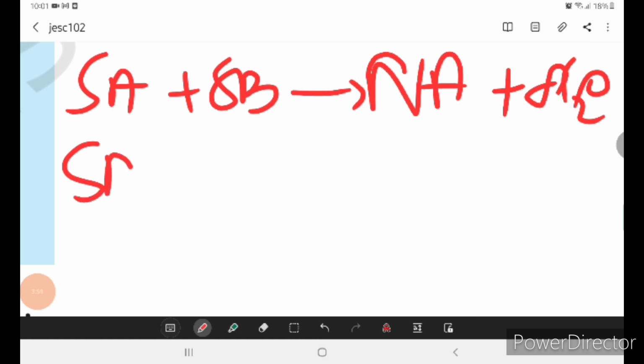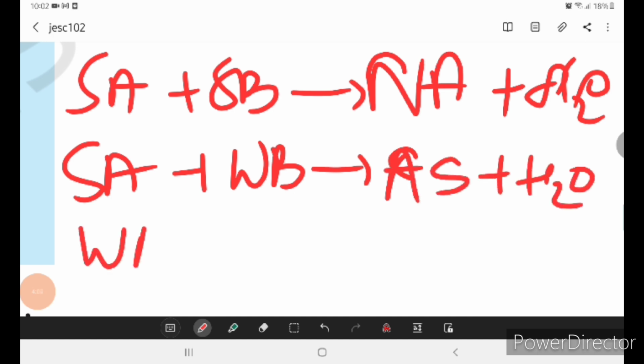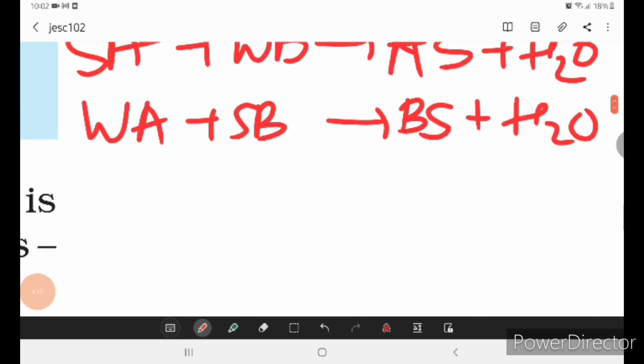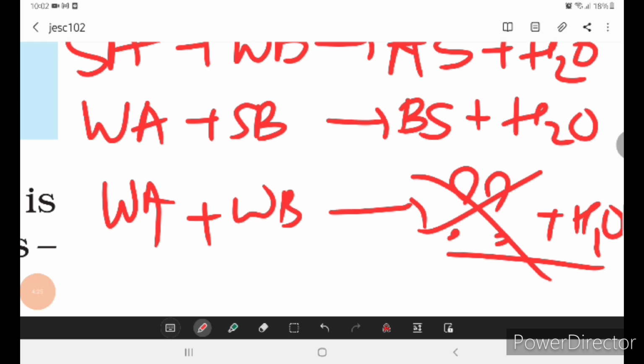Whenever a strong acid and a weak base react, it gives us an acidic salt plus water. When a weak acid and a strong base react, it gives us a basic salt plus H2O. Whenever a weak acid and a weak base react, what do you think the product is? There will be no product because no reaction takes place. There will be no reaction between a weak acid and a weak base, so this case is completely impossible.